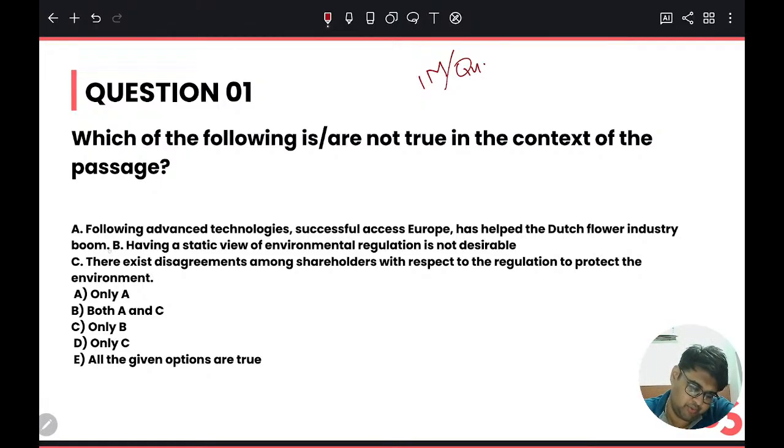Yes, this is the B option. Okay. There's some sort of typing there.